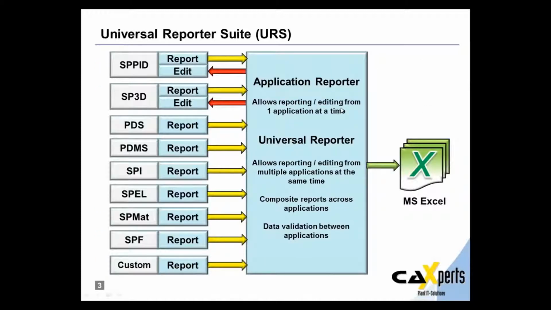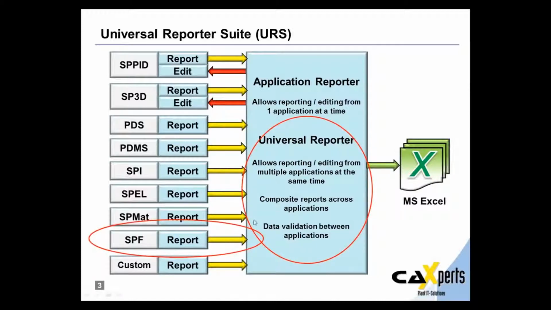What I wanted to do was just set the scene around where this ReportAdapter fits in. You may or may not be familiar with both our Application Reporter and Universal Reporter. These are environments that give you a simple method of reporting across all of the different applications. As you can see, there are a number of applications supported down the left-hand side, covering P&ID, SmartPlant 3D, instrumentation, electrical, and now SmartPlant Foundation.